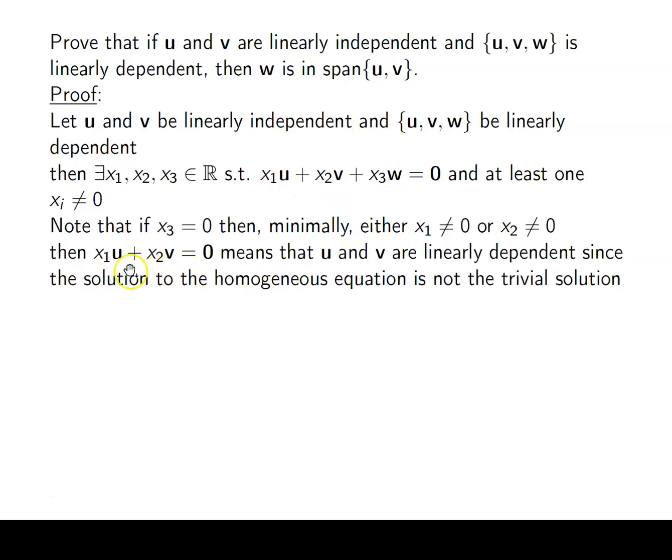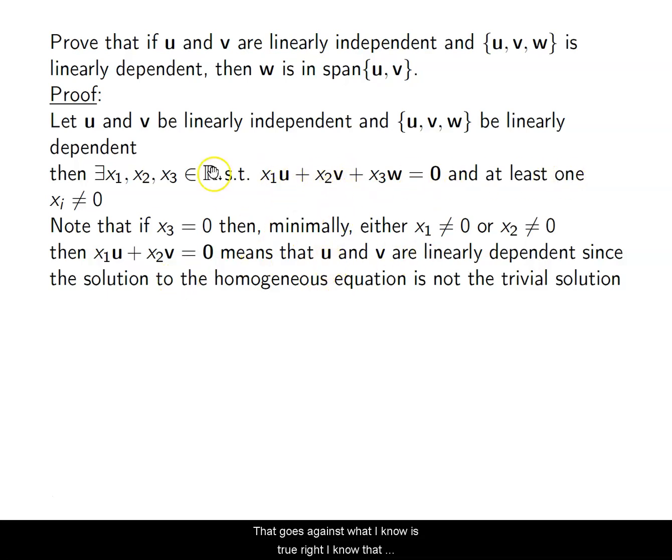So if that's true, then this, which I know is linearly independent, does not have the trivial solution. Because again, what does it mean to have the trivial solution? Trivial solution means that the only way for this to be true is if this is 0 and this is 0. So if I say, hey, let this be one that's 0, then one of these has to be not 0 because it's dependent.